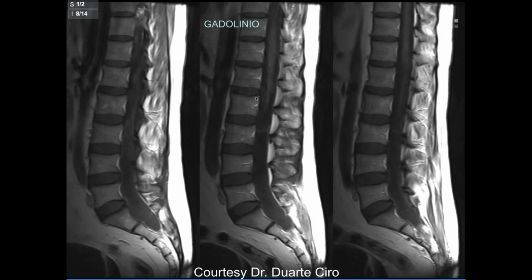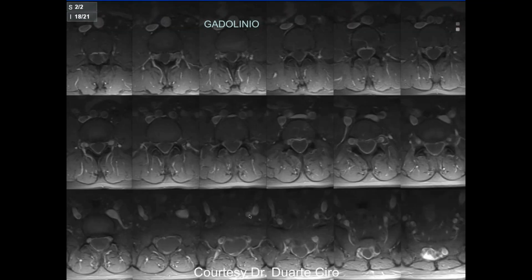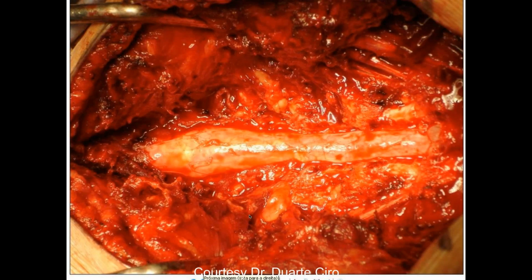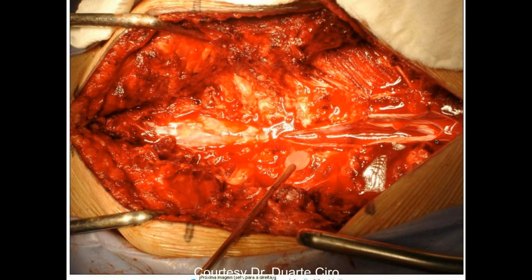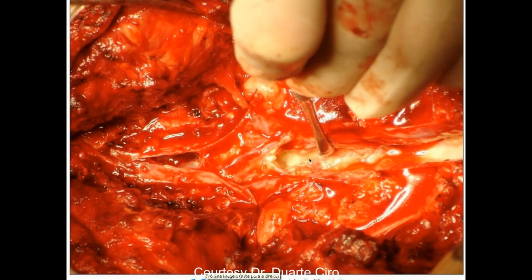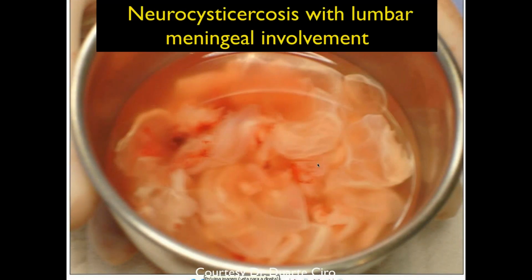You don't see the nice thin nerve roots coming down like you normally see. A lot of diffuse meningeal type enhancement. This is just what it looks like in the gross. These big cysts that come out here. And then you can take out the little cysts themselves, and this is what they look like in a jar. Neurocysticercosis.